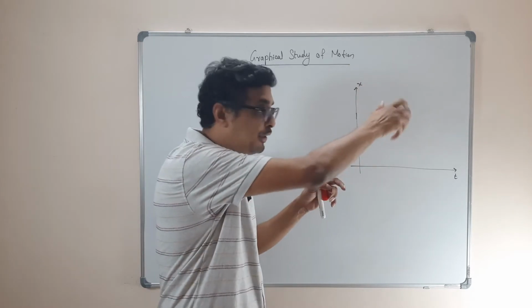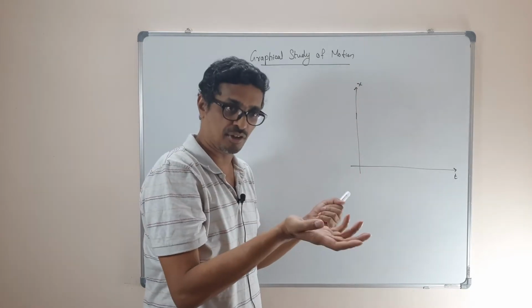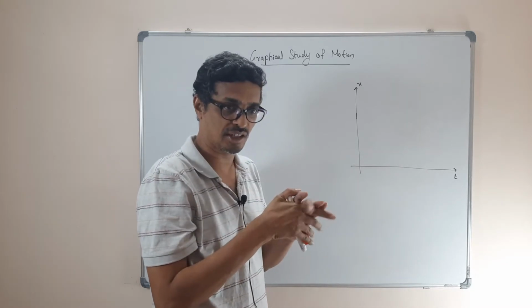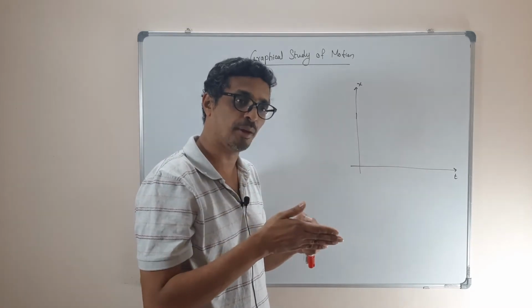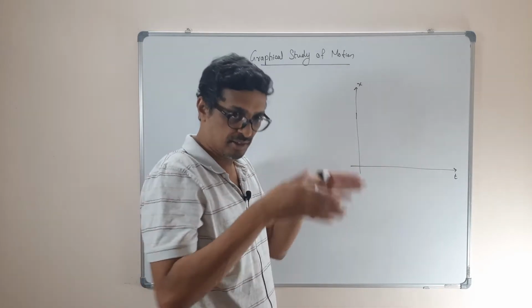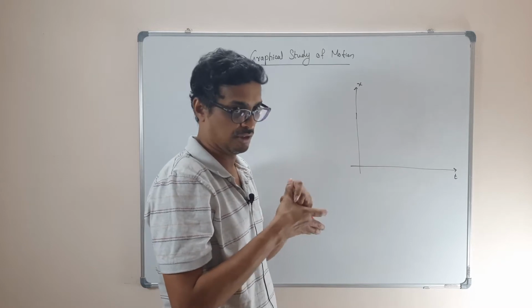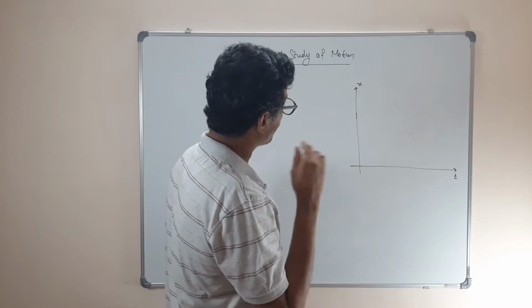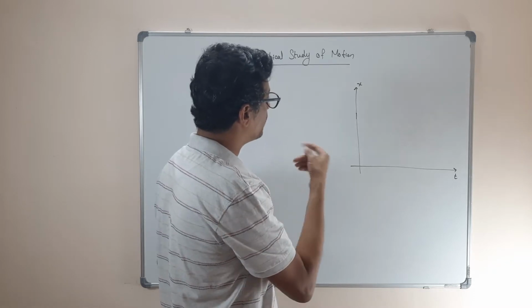If you take the magnitude of the average velocity and the instantaneous velocity, that gives you the average speed or the instantaneous speed. I told you, remember? The speed is the magnitude of the velocity. In the last class we saw that; you can revise it.